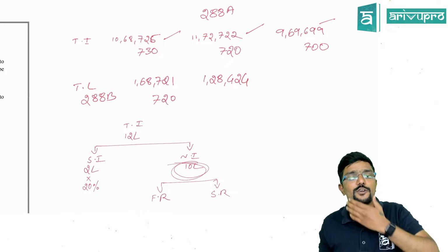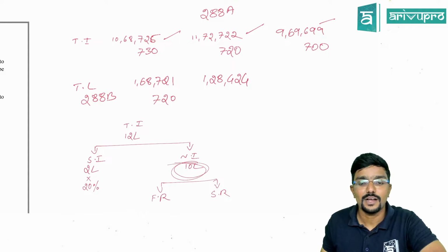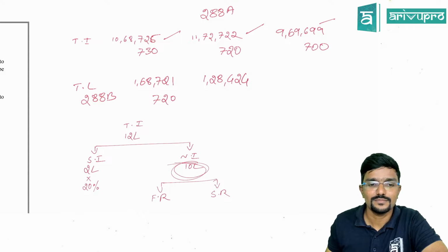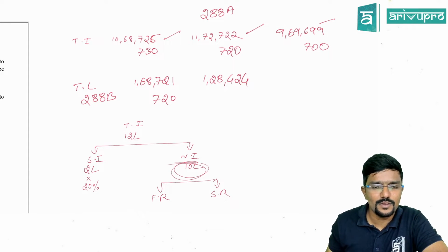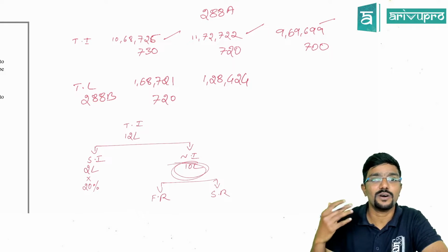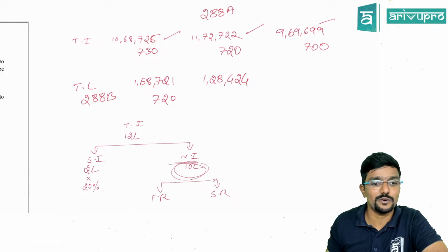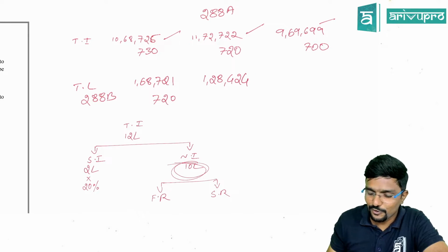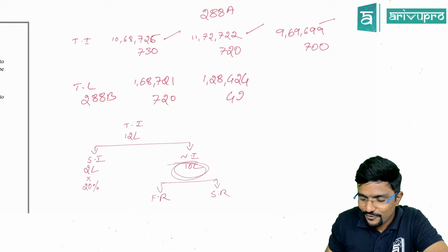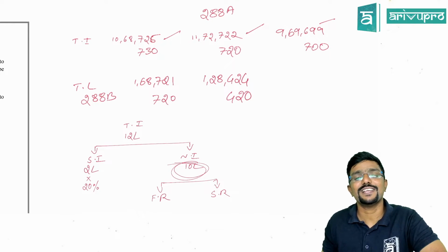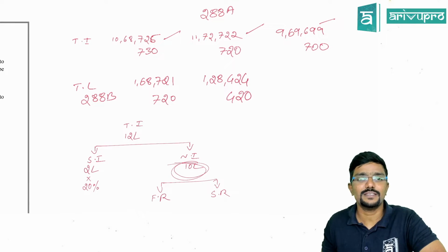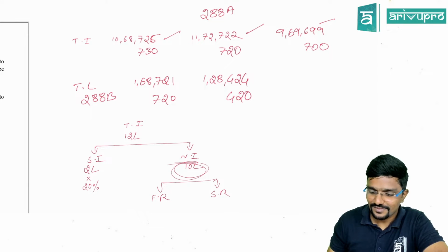I will round it off to 420. Less than 5 means it is always the previous 10.